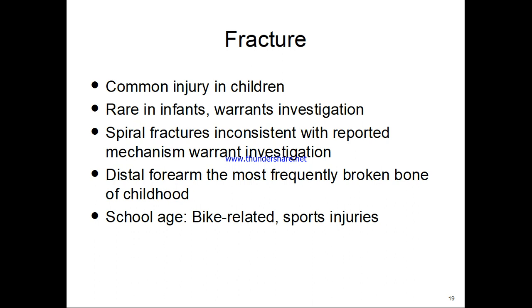So anytime the story doesn't match up to the injury, that's suspicious. And there are certain experts who feel that all spiral fractures are suspicious and should be investigated. We can take a more moderate approach and ask, is this consistent with the reported history?